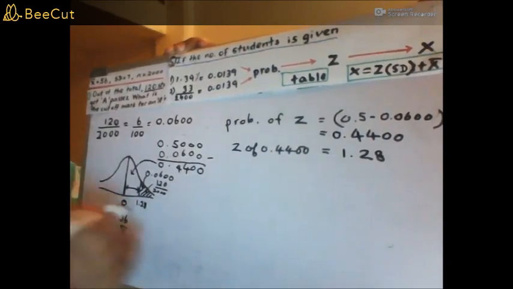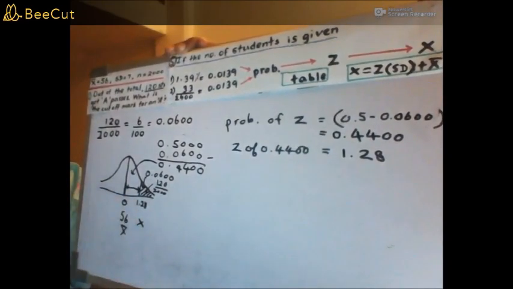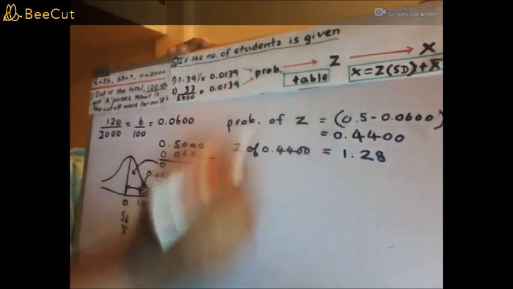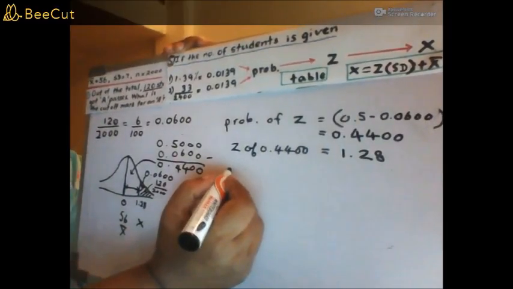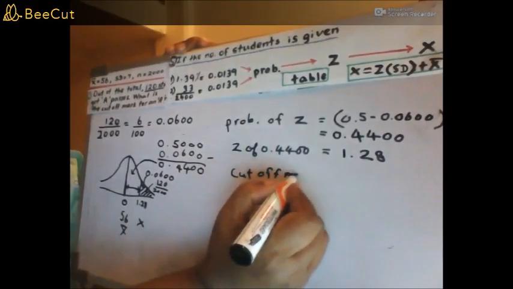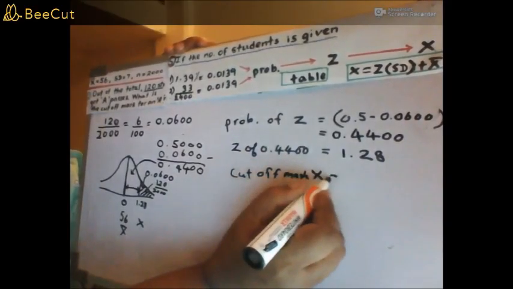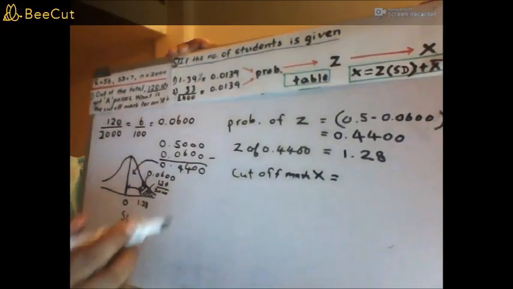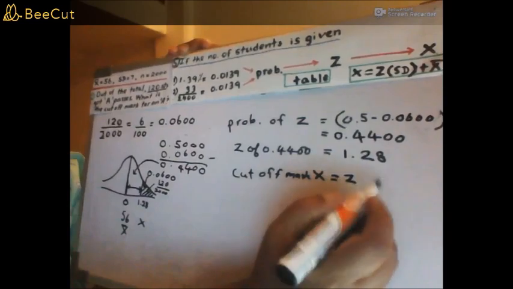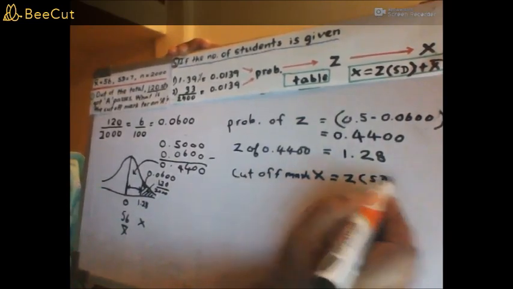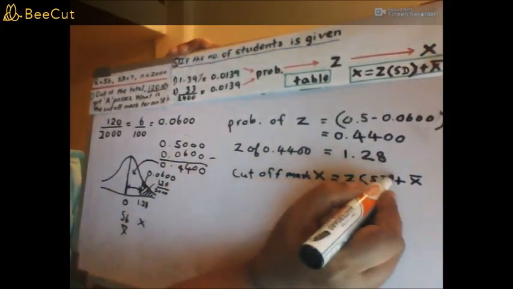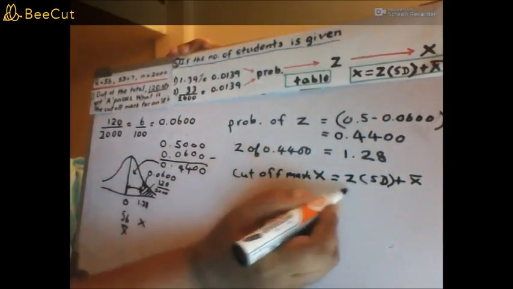That's the Z value. We have to find our X. Now we'll go to this formula. We have to find X, the cutoff mark. How can we get the value by using this formula? X equals Z into SD plus X bar. Write this formula.